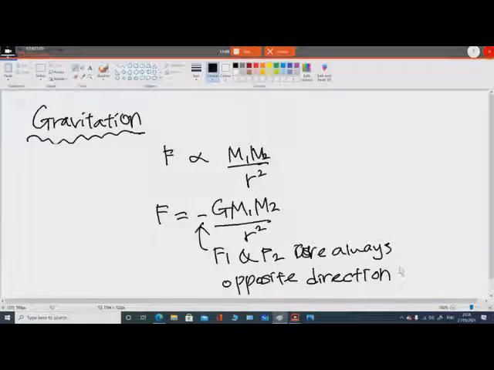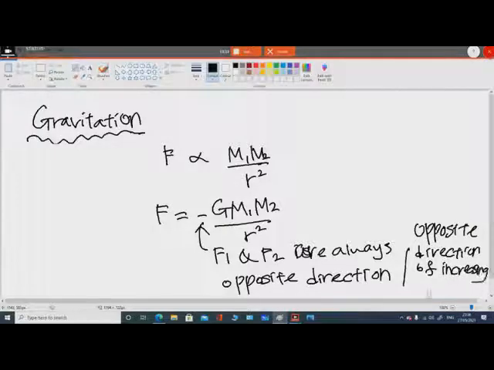Or we can say that the negative sign means the opposite direction of increasing r. r means the distance between two masses.